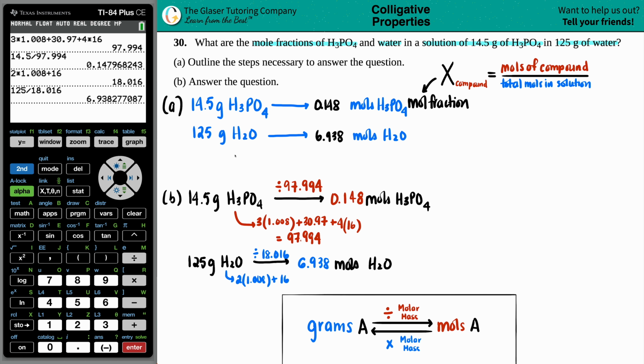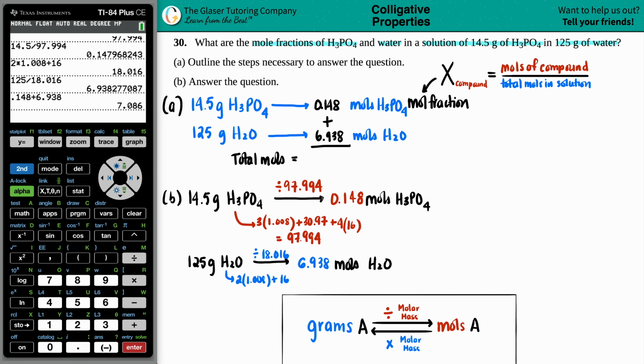So in order to find out the total moles, we would just add these two values up. So 0.148 plus 6.938. And that looks about right. I get 7.086 moles of the whole solution.